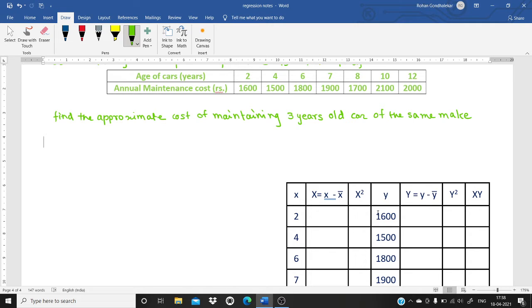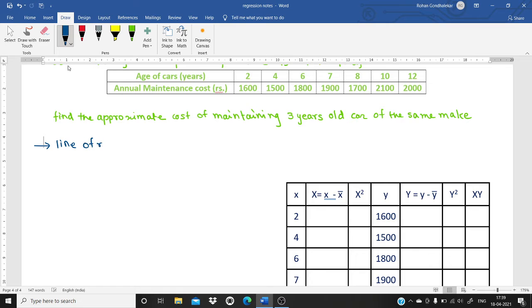So ultimately, if I go for the squares, I'll get a 5-digit number, 10,000. And if I go for summation of y square, then also it is a larger number. So to reduce my calculation, I'm going for the change of scale. First of all, I mention the line of regression y on x. Let's begin with the solution.